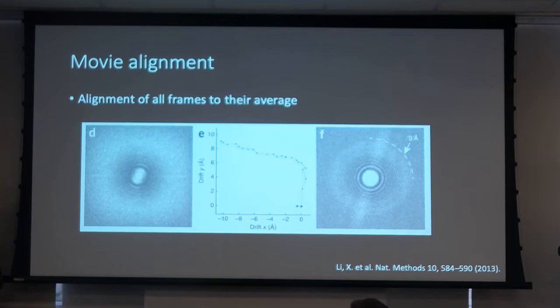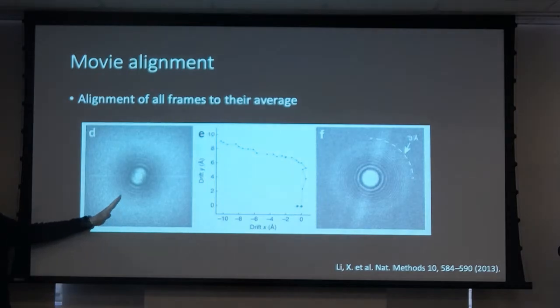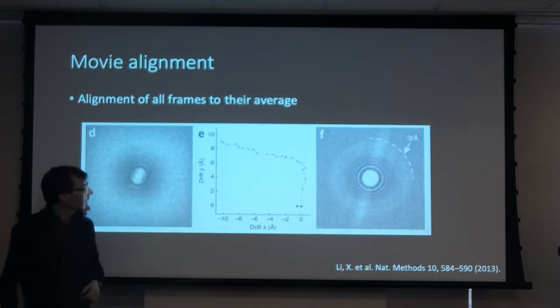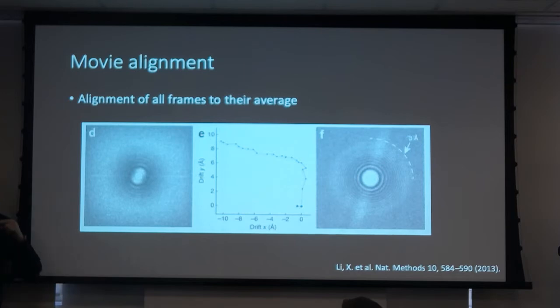Niko Grigorieff and the Cheng group basically showed how things are moving in your micrographs and how this is affecting your resolution. Here you see no correction, and then in the center this graph shows you, frame by frame, how the image is moving in the X and Y plane. You can see that the first frames, at the bottom right, have a lot of movement, and then it tapers down and actually changes direction towards the later frames.